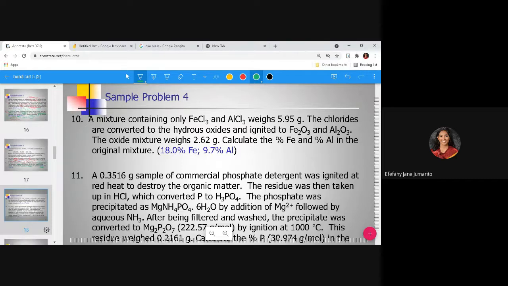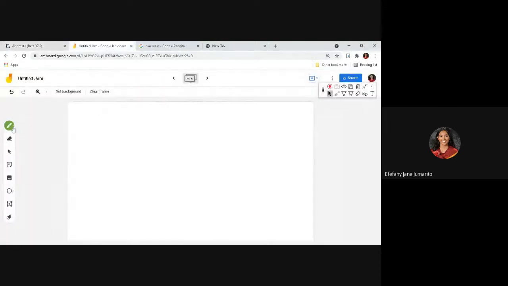All right. So what is given? Okay, if we have this mixture, if you have your beaker, so, unsay naa diri sulod niya?